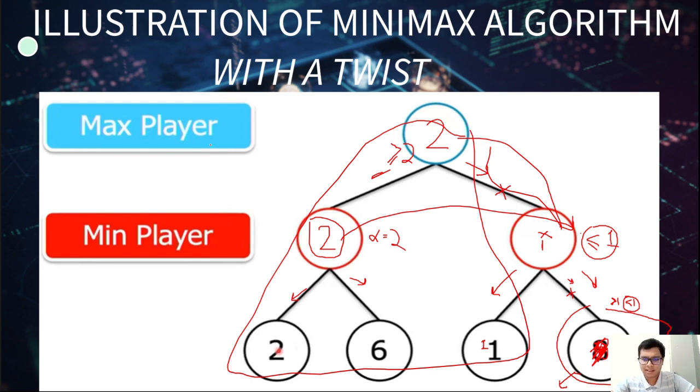And beta is just the symmetrical counterpart of alpha, and it is the minimum guaranteed value that the minimizing player would achieve. For example, say when we expanded till this node, we already knew that this is going to be less than or equal to 1.